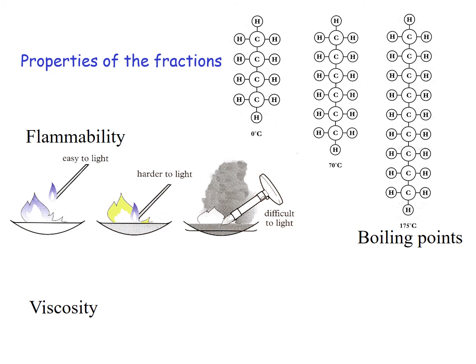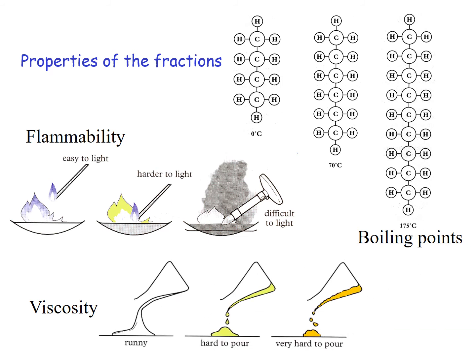The other one that we need to know about is viscosity. Viscosity is all about how thick the substance is. If something has got a high viscosity, it means that it's thicker. So if you think of the difference between water, which has got a very low viscosity, it's very runny, compared to treacle, golden syrup or honey, that's got a much higher viscosity.